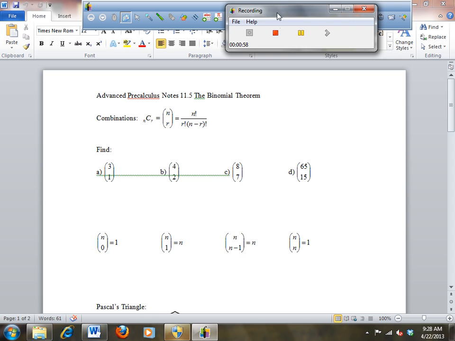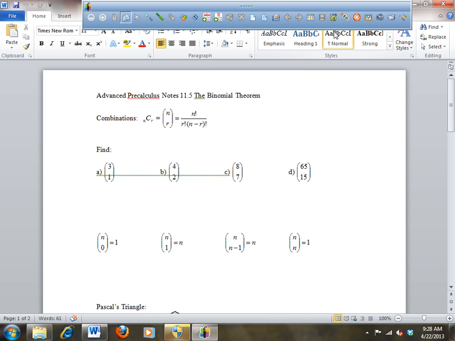To compute these, you take this number factorial over this number factorial times n minus r factorial, which is this number minus this factorial.